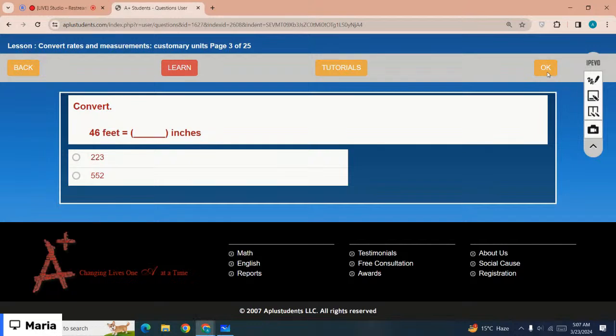Okay, 46 feet. You have to convert from feet to inches, right?